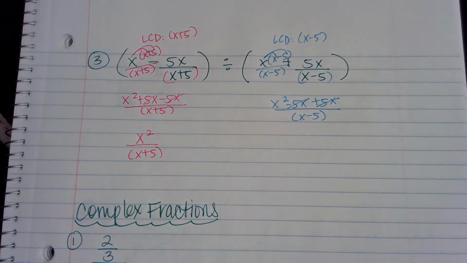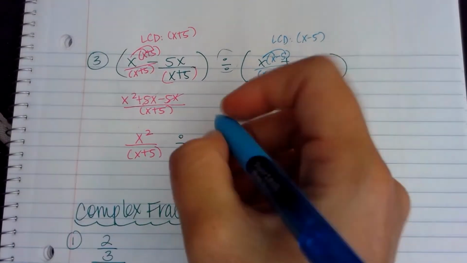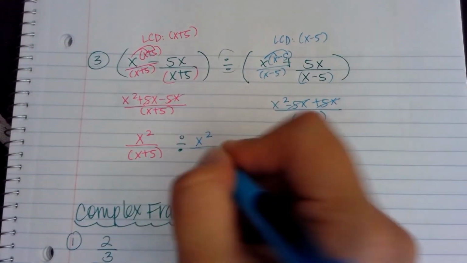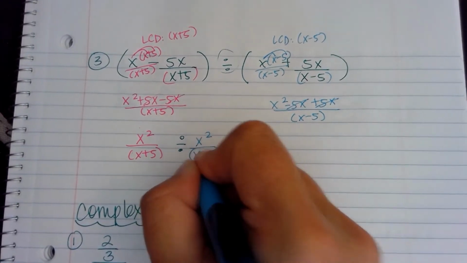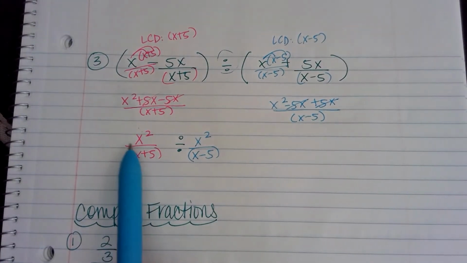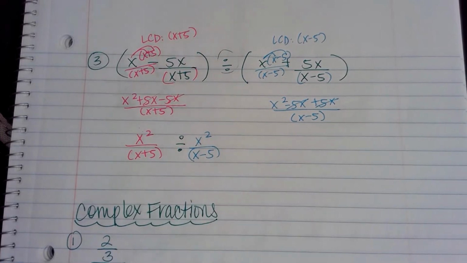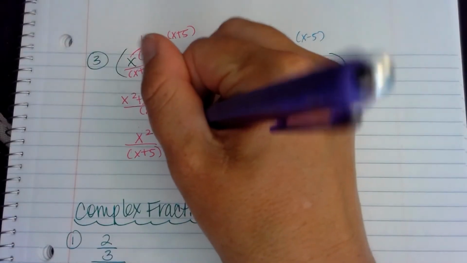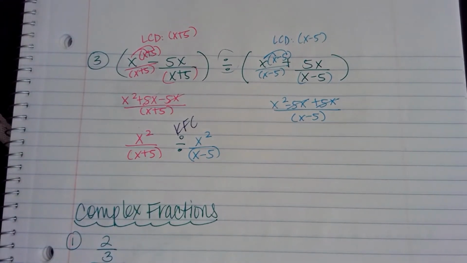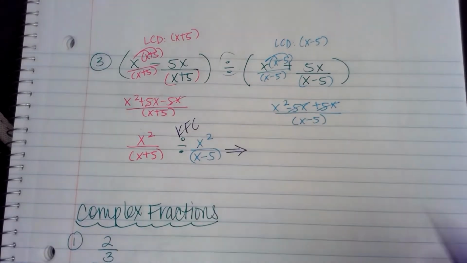And let me add, this was division, so I'm going to add this division sign right here. So now this whole problem turned into x squared over x plus 5 divided by x squared over x minus 5. And if you remember the rules of dividing fractions, you keep, flip, change, or keep, switch, flip, or multiply by the reciprocal, depending on how you like to say it.